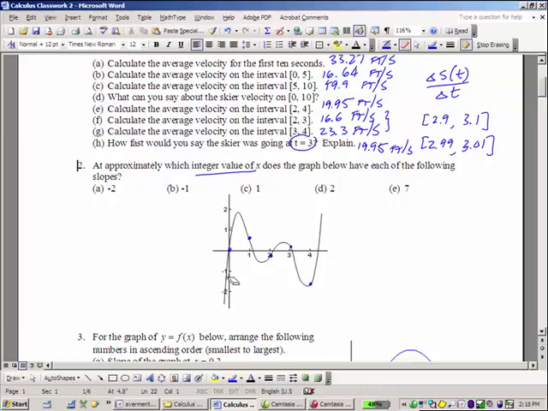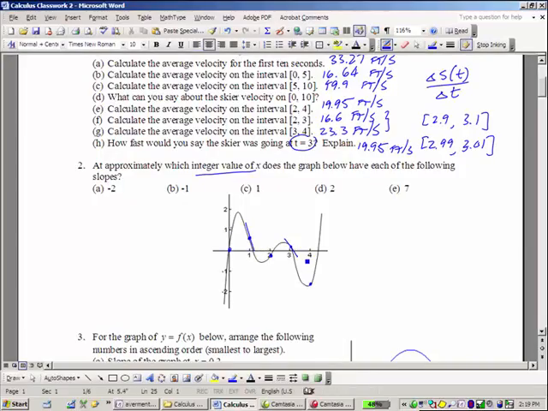Are you sure? What does negative slope mean? We just said it. Decreasing. So give me the two integer x values where the function is decreasing. I would say x equals... Alright, go ahead. At 1 and at 3.